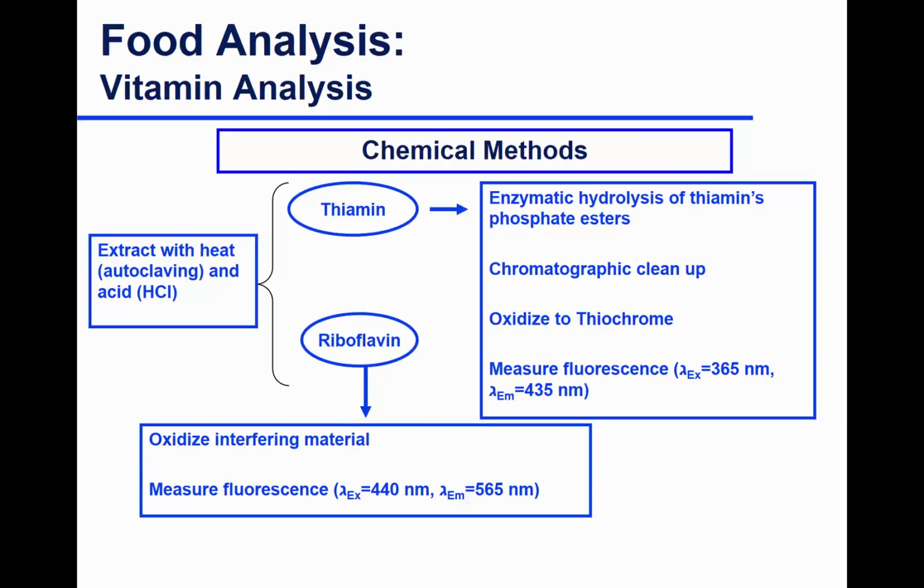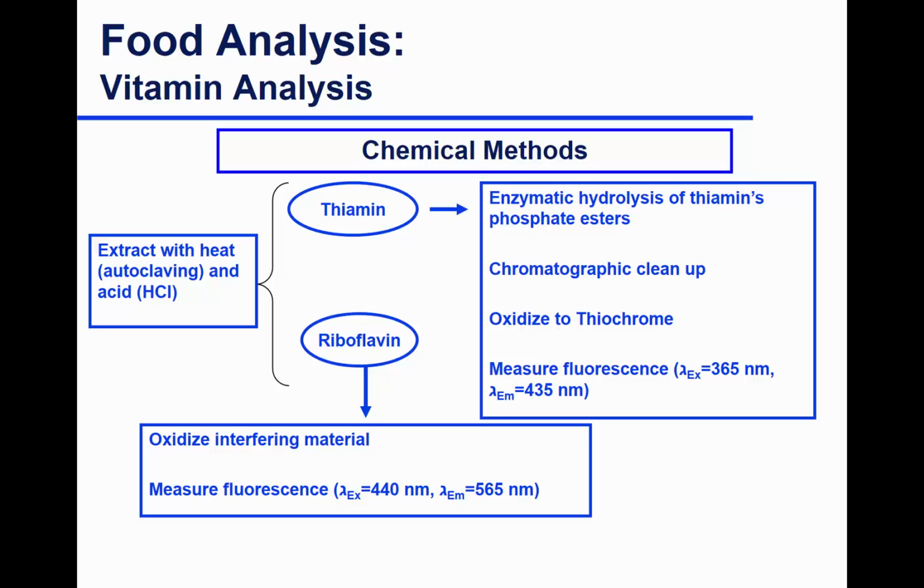So the last set of water-soluble vitamins are B1 and B2, thiamine and riboflavin. Again, you use a chemical assay. In this case, both can be measured by determining fluorescence. Both are thermally stable under acidic conditions, and they are water soluble. So you use acid solution and you autoclave around 120, 130 degrees C to extract them in the water.